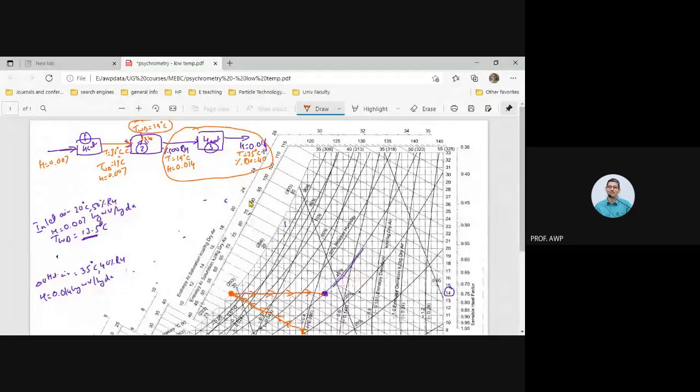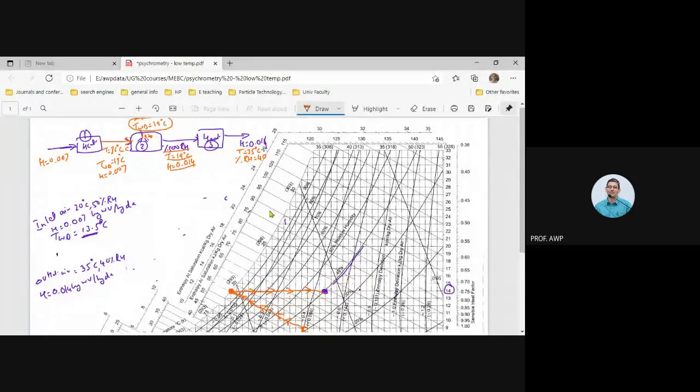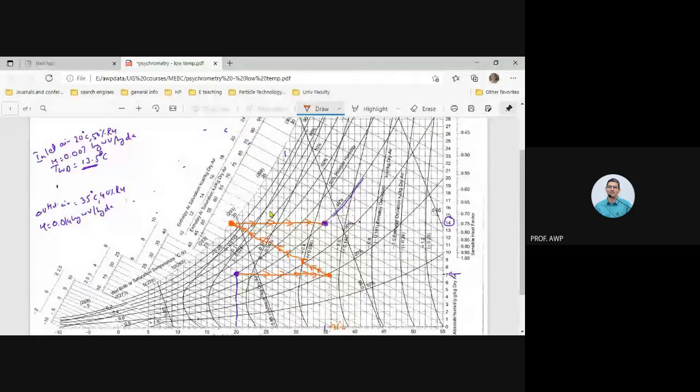Now if I spray water at 19 degrees centigrade and allow it to cool and humidify, it will get completely saturated. Temperature will become the wet bulb temperature and humidity will become 0.014. And in the third heating step, I just have to heat from this 19 degrees centigrade to 35 degrees centigrade. Is that okay?